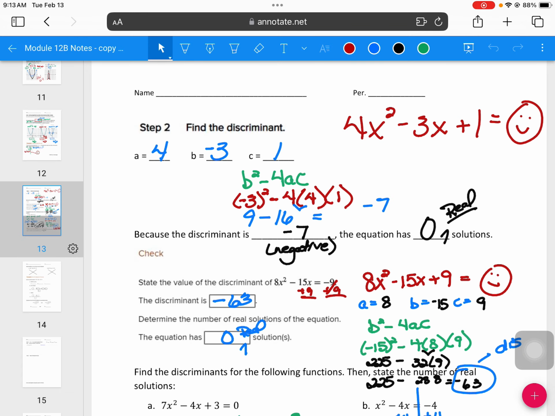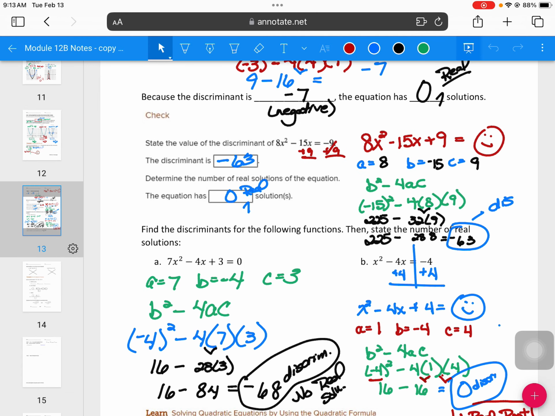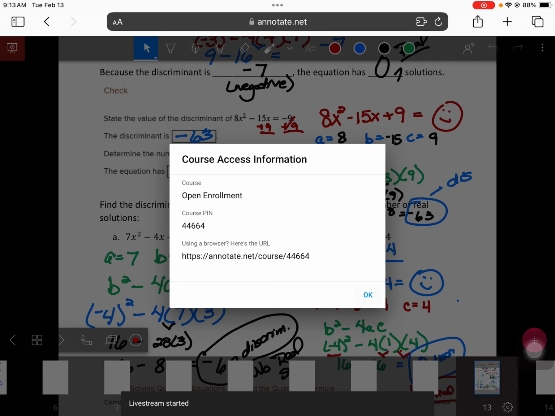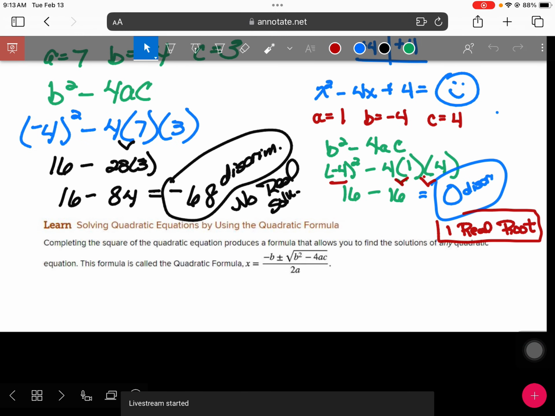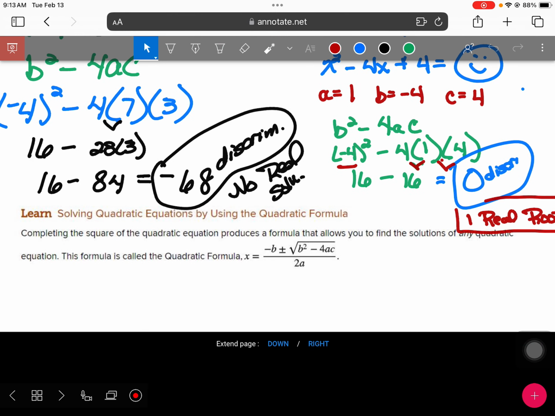And I believe we are at the very bottom of the second page of section 12.6. Was there anyone that's here today that was not here yesterday? Okay. So yesterday we talked about this big thing called the quadratic formula.